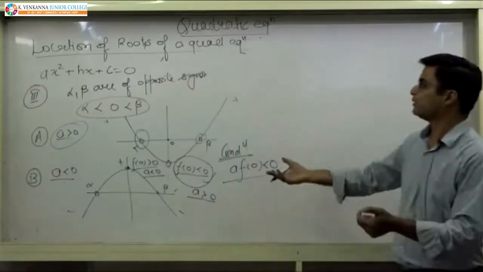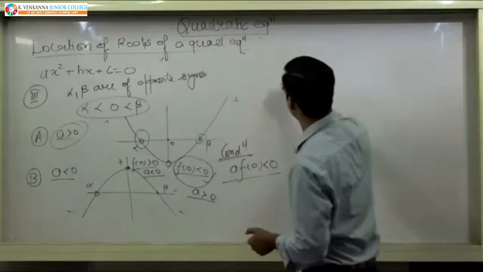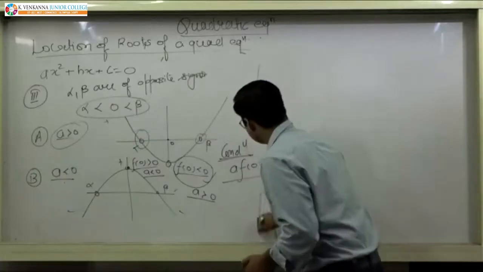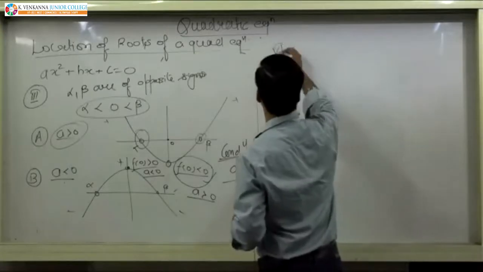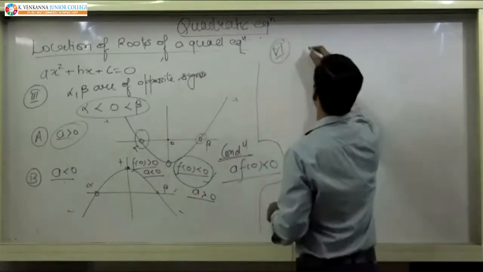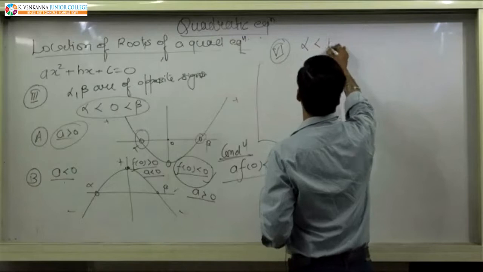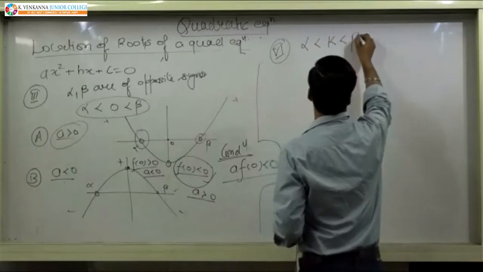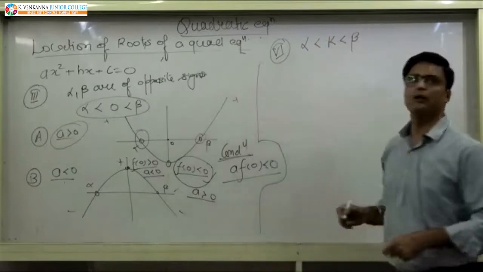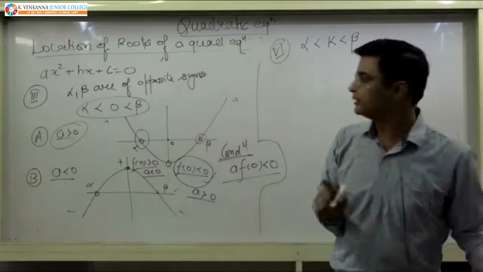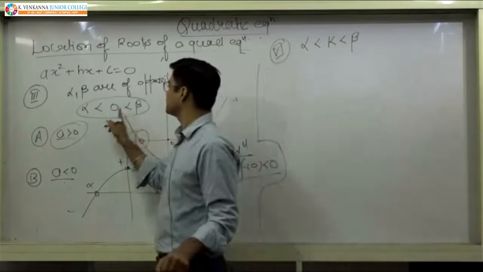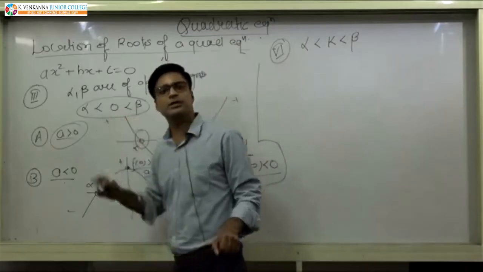Right? Now, let's compare it. Now, 4, 5, 6, this is our sixth case. And let's say alpha is lesser than k and beta is greater than k. That means one root is greater than k and one root is lesser than k. Here, one root is greater than 0 and the other root is lesser than 0.